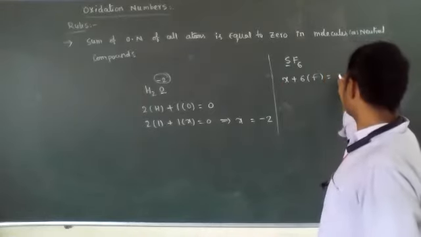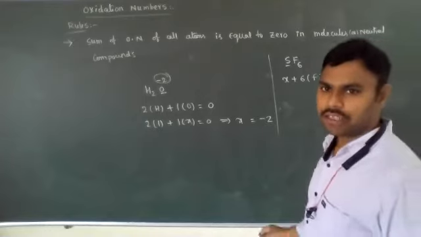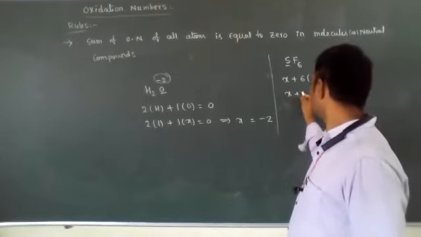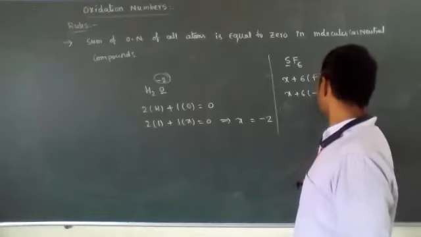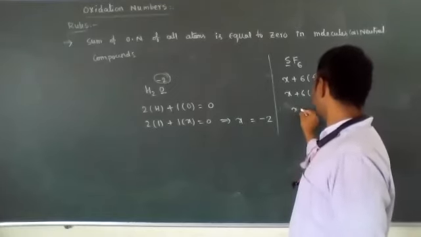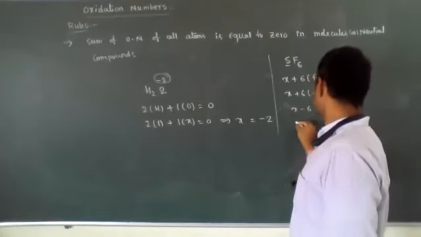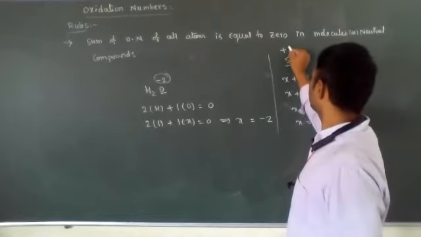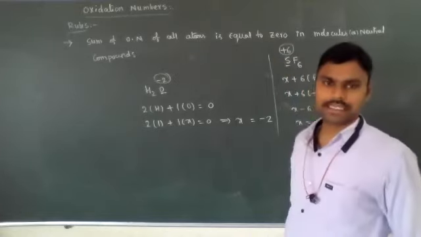This sum is equal to 0. What is the oxidation number of fluorine always? 6 into minus 1. X minus 6 is equal to 0. Then X is equal to plus 6.